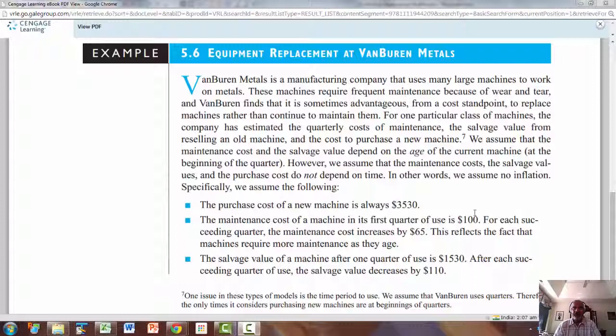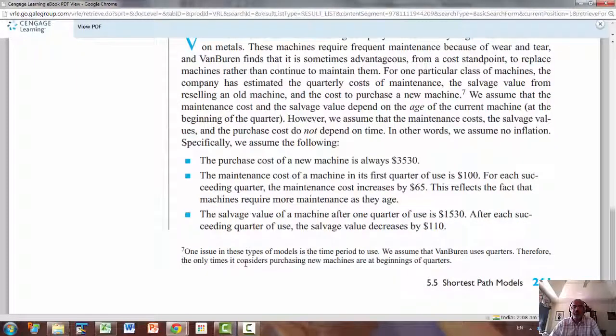And also the company doesn't want to keep a machine for more than 3 years or more than 12 quarters. So a machine that was bought must be kept for 4 quarters and should be sold at the latest after 12 quarters.